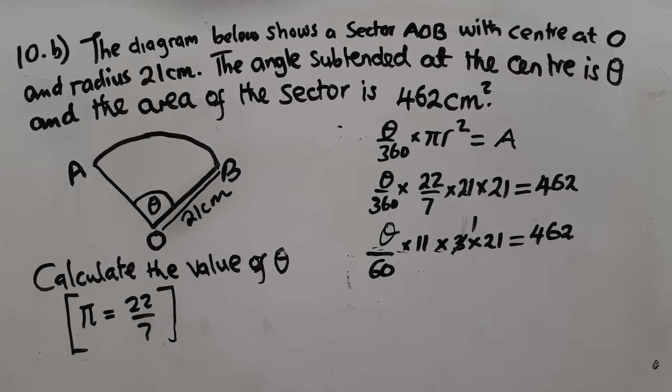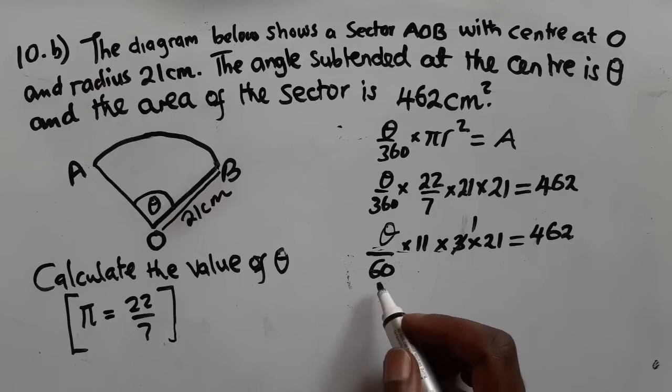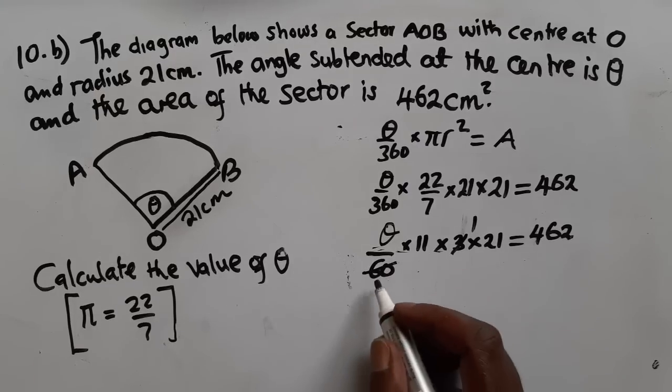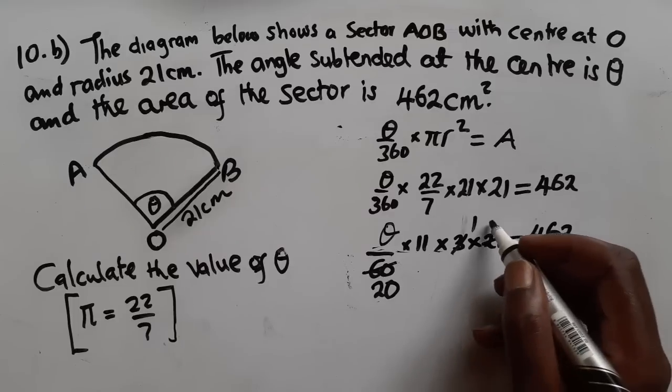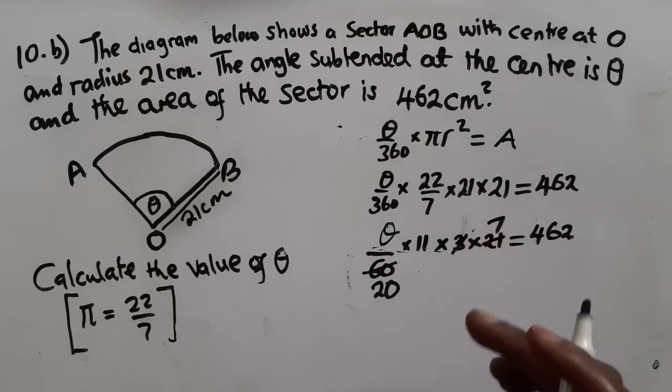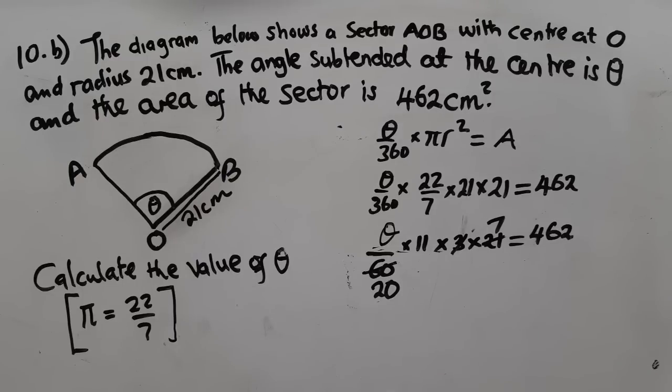Now, if you want, we can go further here: 3 into 60, how many times? It's 20, isn't it? 3 into 21, it's 7. I hope you're getting that. We are simplifying. Take note that we do not have a calculator in this case. I hope I haven't left out anything.